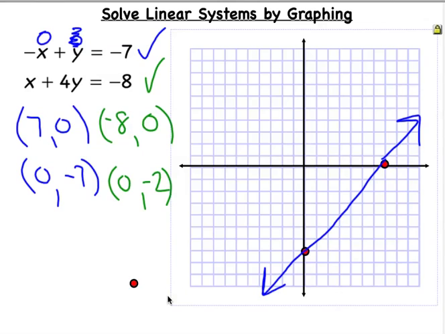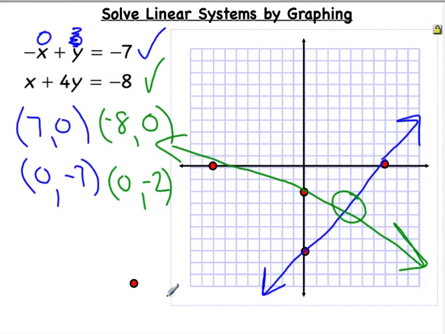So I go over to -8, which is here. My y-intercept is -2, which is here. And in green, I'm going to do the best I can. What we want to do is find the intersection, which is right around here.